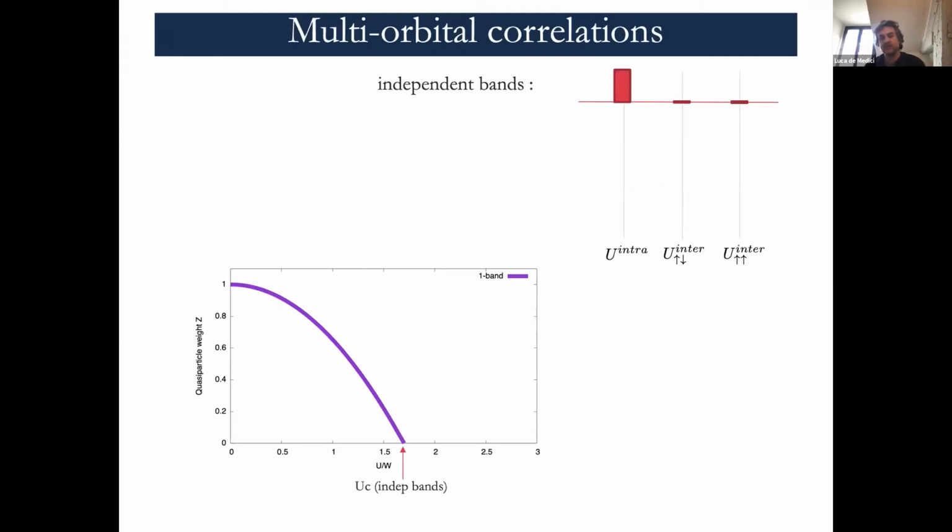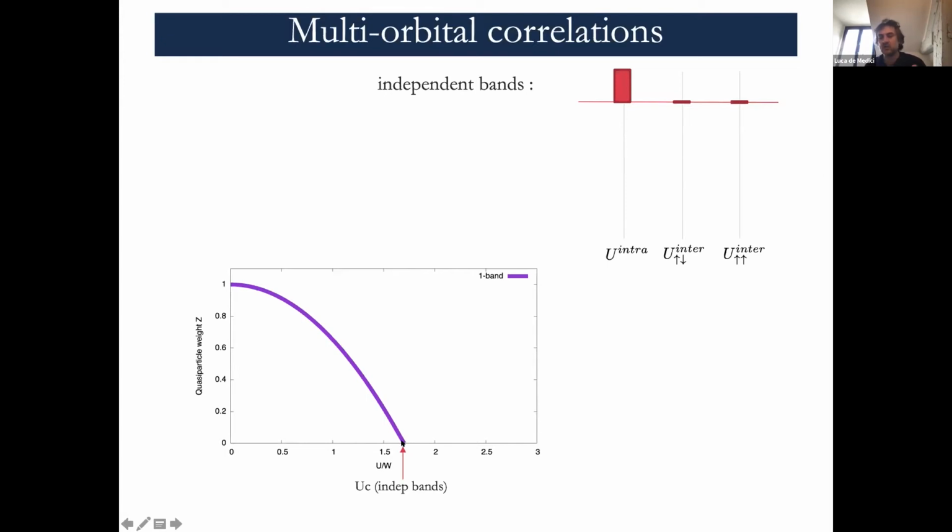And I just want to play a little game by showing how non-trivial things are. What I'll show here are simplified model facts, but these are well known. I'm plotting the quasi-particle weight as a function of the interaction strength for several models that you can imagine. So take a certain number of independent bands in which you have only an intra-band local interaction that I call U intra. Then at some interaction strength, your quasi-particle weight will go to 0 and you'll have a Mott insulator.